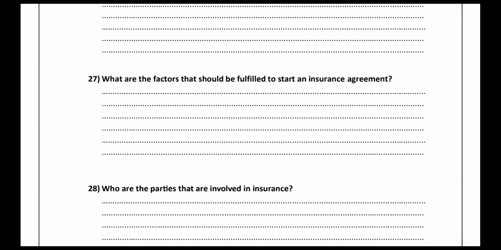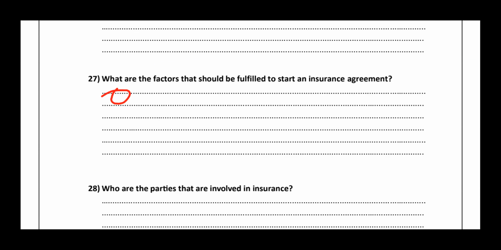The first factor is an offer. Okay, what is an offer? Now, this insured, he should make a proposal to the insurance company, right? He first of all has to initiate it.